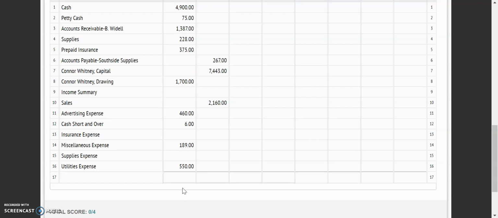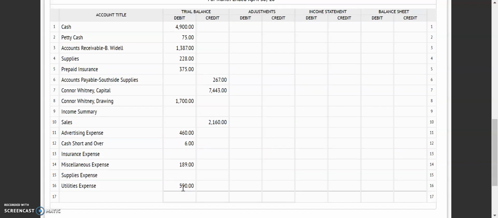So you do need to get your handy dandy calculator out unless, like I said, you're very good at mental math. So we're totaling all of our debit columns. When we do that, we get a grand total of $9,870. And when we total up our credits, we also get a total of $9,870.